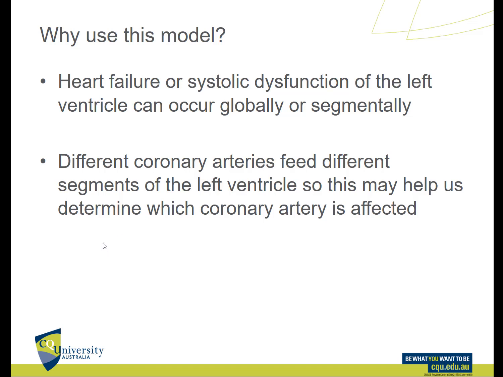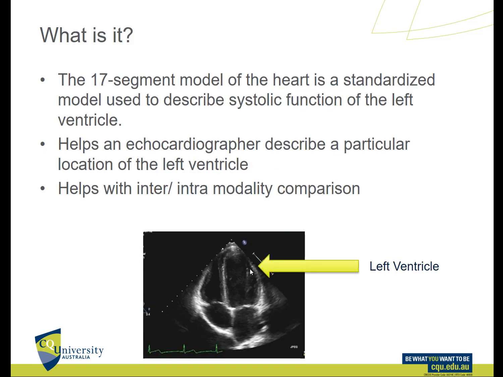We also use this model because, if we remember, the myocardium, the heart muscle, is fed by coronary arteries. Different coronary arteries feed different segments of the left ventricle. If we go back to our image here, let's say this segment of the heart wasn't moving properly and isn't contracting properly.